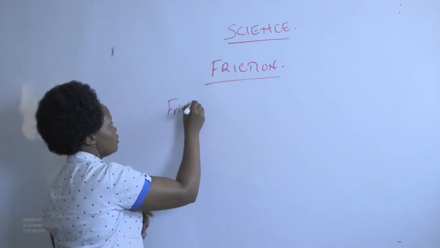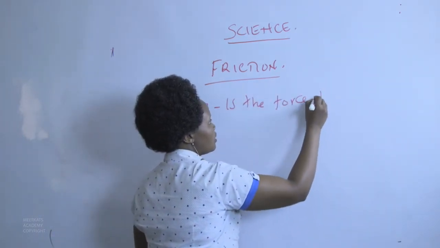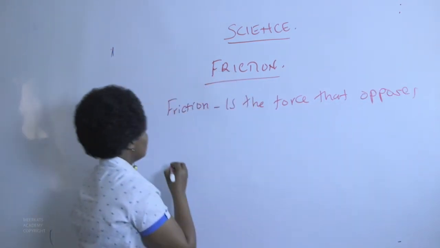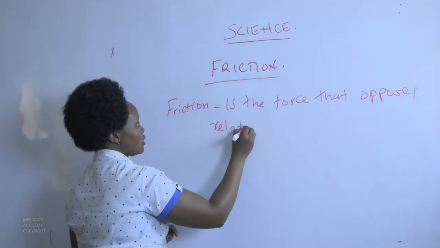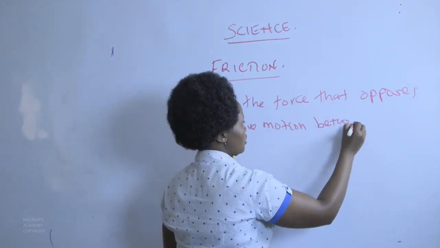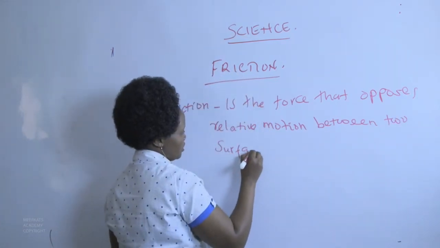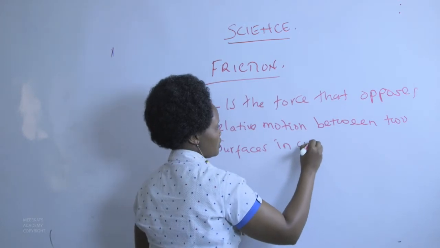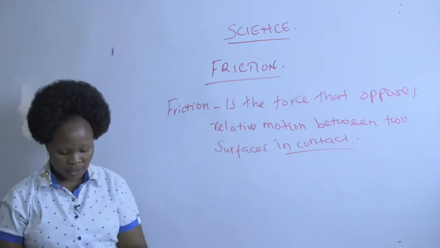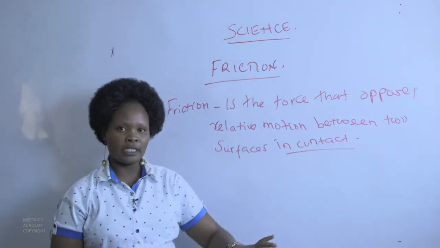Friction is the force that opposes relative motion between two surfaces in contact.